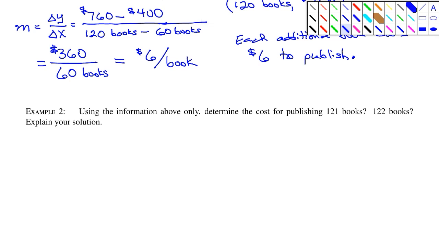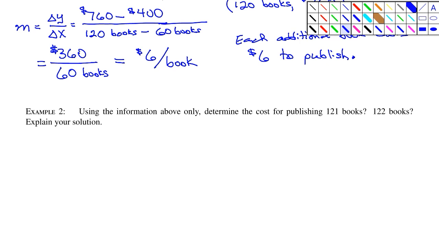Example 2 says, using the information above only, determine the cost for publishing 121 books and 122 books and explain the solution. So basically, if you know a specific point that refers to this situation, then you can use the slope to sort of add on to it.